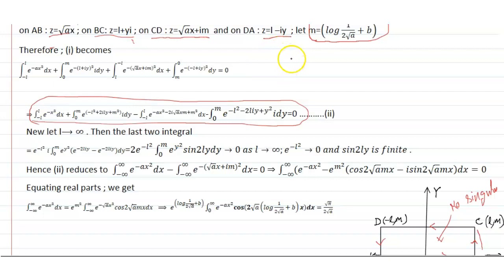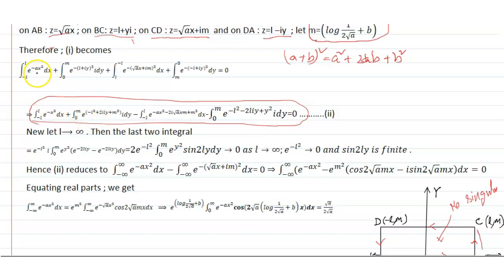As we know that (a plus b) whole square is equal to a square plus 2ab plus b square, I apply this formula and I get this.